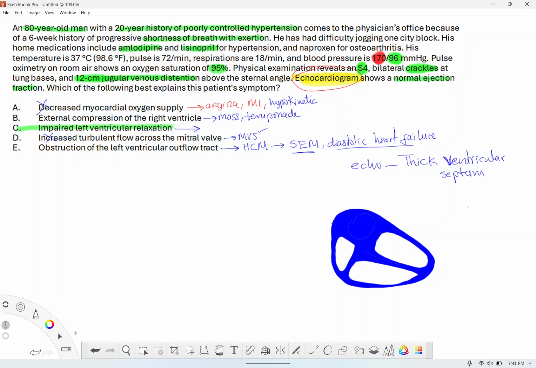Bear with me, guys. I made a mess, so I have to fix it. So right atrium, right ventricle, left atrium, left ventricle. Okay.